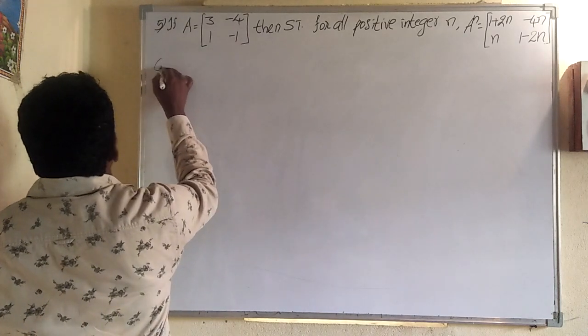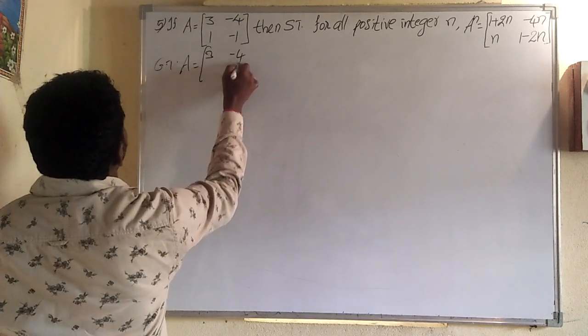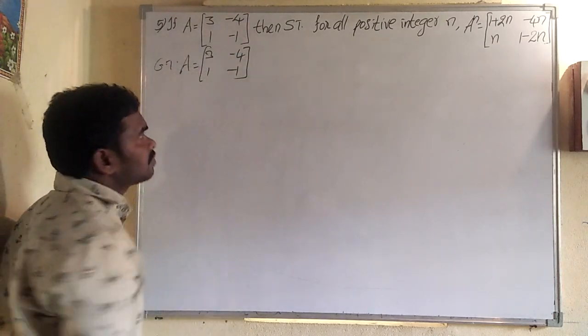First of all, given that matrix A equals [3, -4; 1, -1], okay?